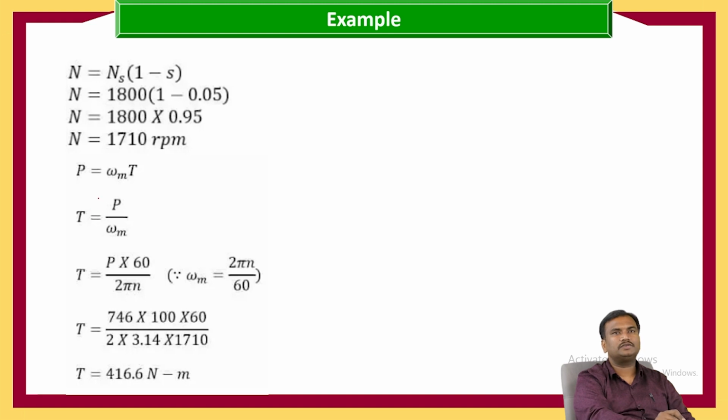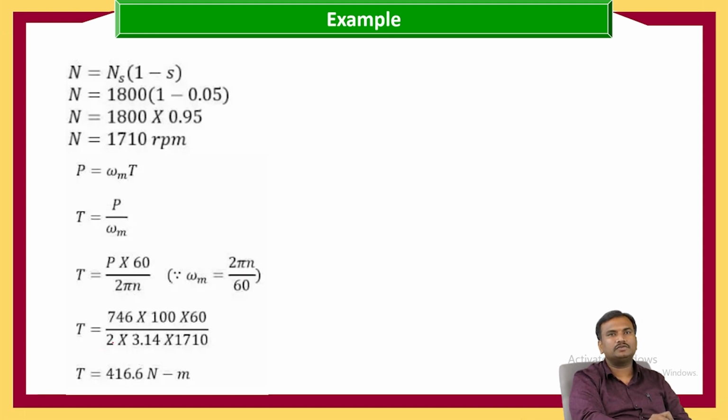P is equal to omega m into T, so T is equal to P by omega m. So T is equal to P into 60 by 2 pi n, where omega m is equal to 2 pi n by 60.